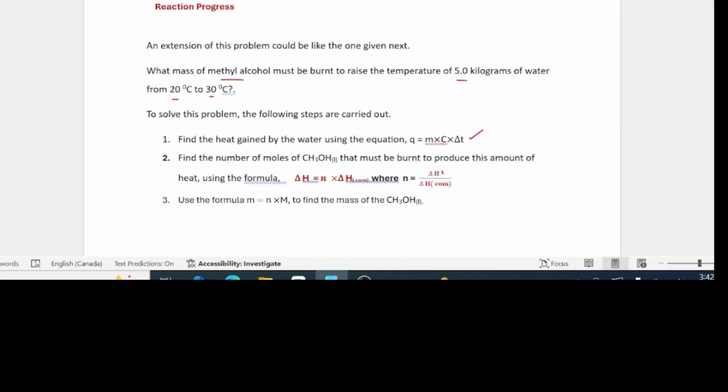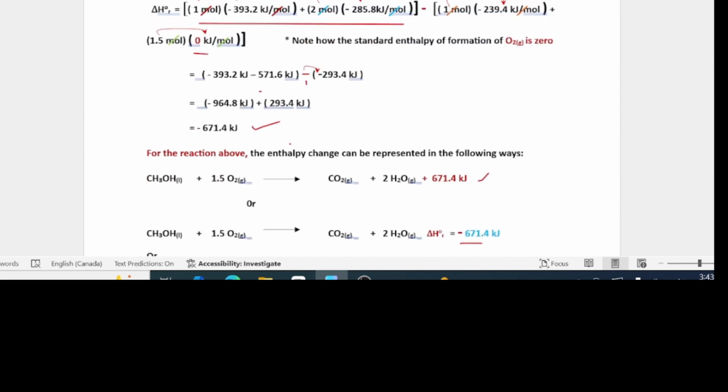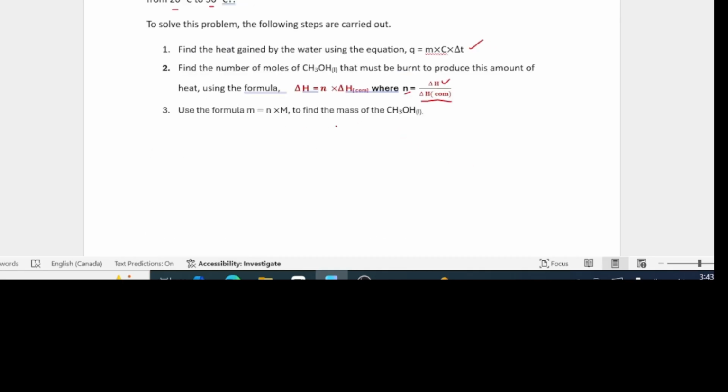This becomes delta H. The number of moles will be equal to your delta H divided by the molar enthalpy of combustion, which you've calculated here. And then, of course, you can find its mass by using this equation here.